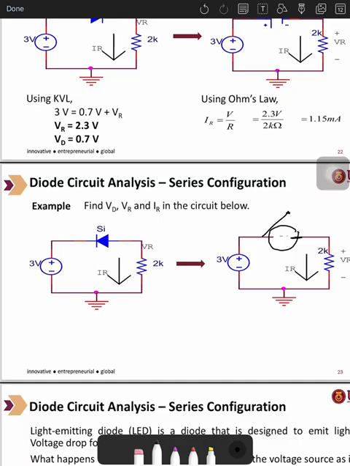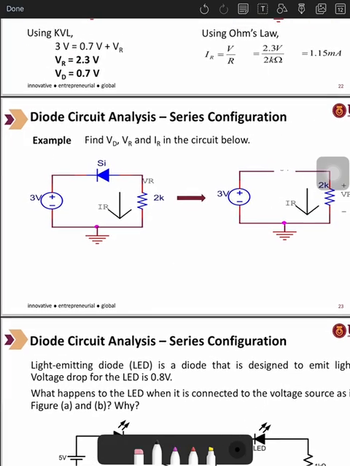Since there is an open circuit, your IR is equal to 0, because the diode will act as an open circuit when it is connected in different polarity, the reverse bias. Therefore, it is very important for you to identify whether it is a reverse bias or a forward bias when you analyze the circuit.